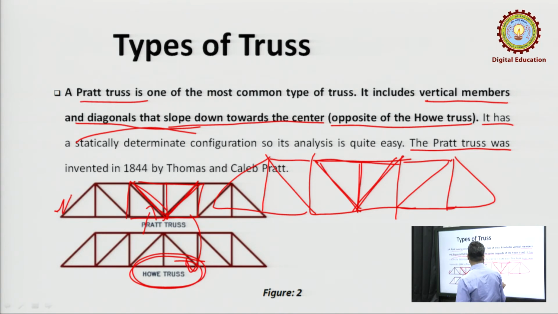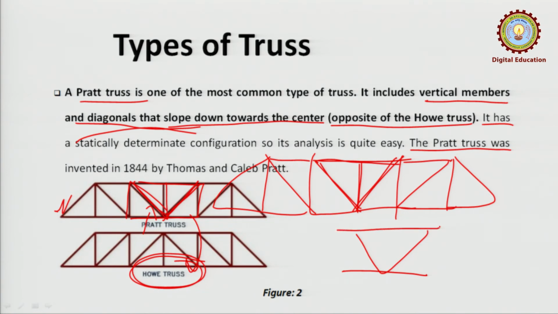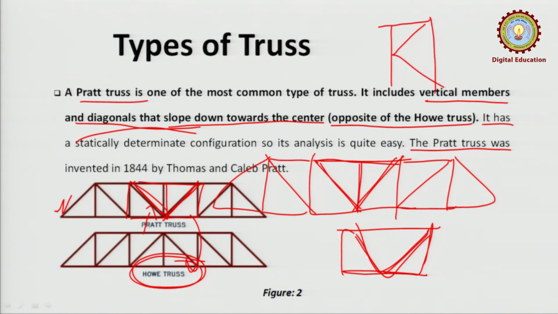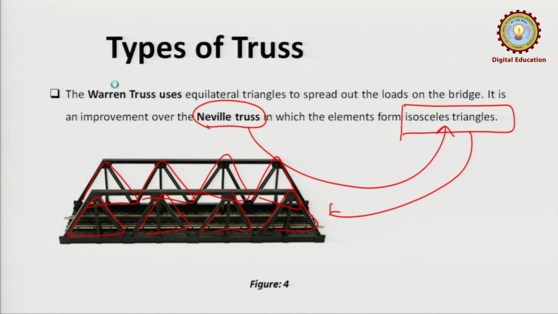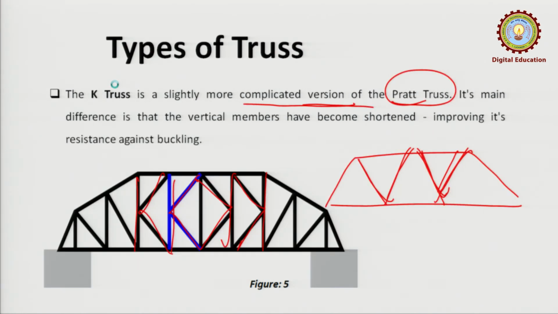You can see here it is also making a K symbol, but instead of horizontally, we are going to make it vertically. So this is the modified form of the Pratt truss.